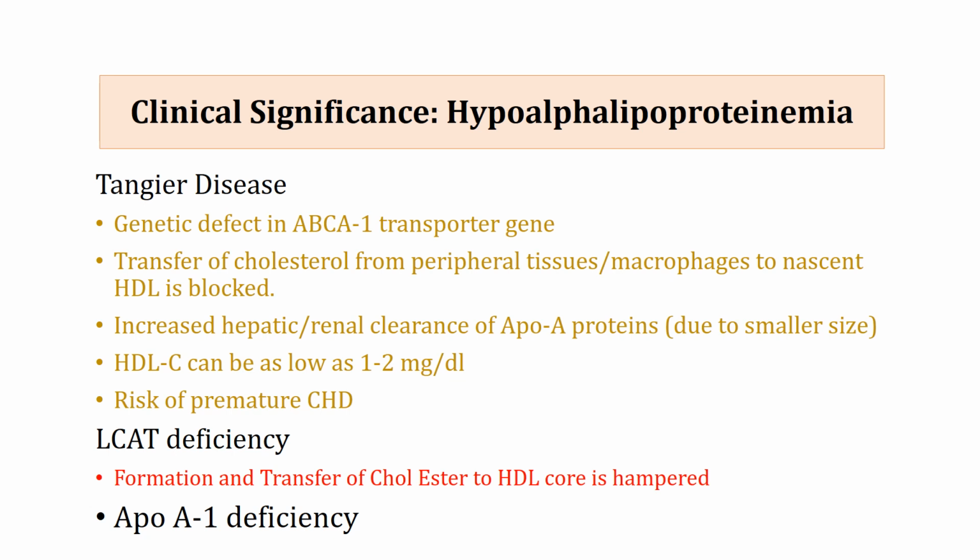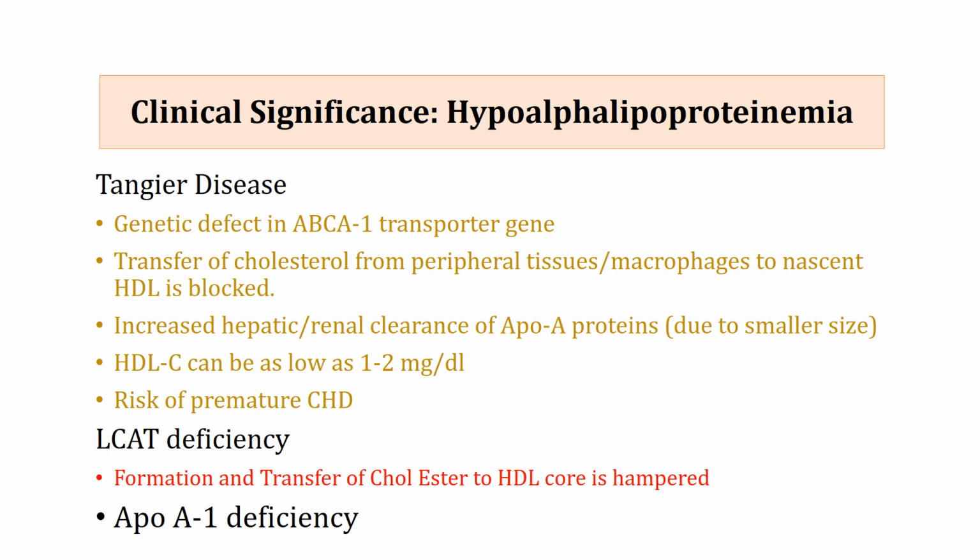Now there is increased hepatic or renal clearance of ApoA1 protein due to its smaller size. Now HDL cholesterol can be as low as 1 to 2 mg per dl in this condition. So when there is low HDL concentration, there is the risk of premature coronary heart disease.